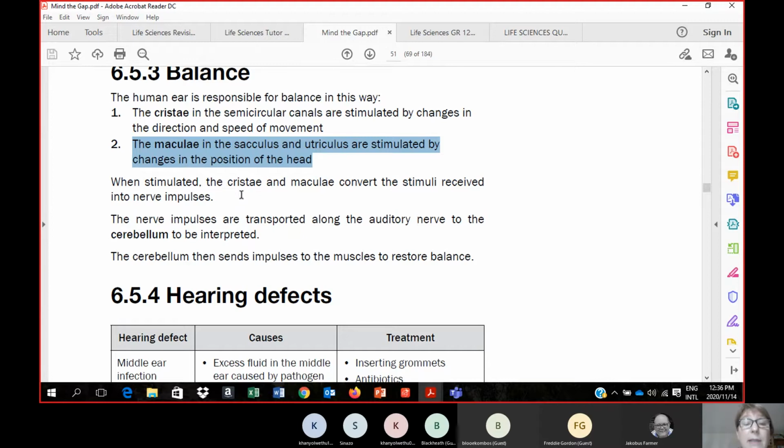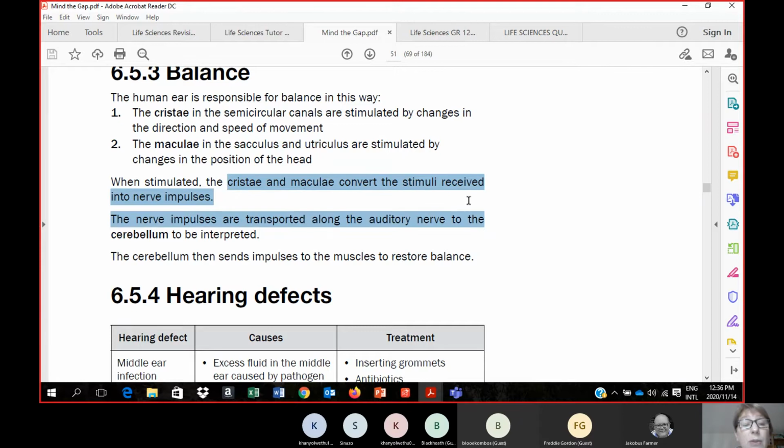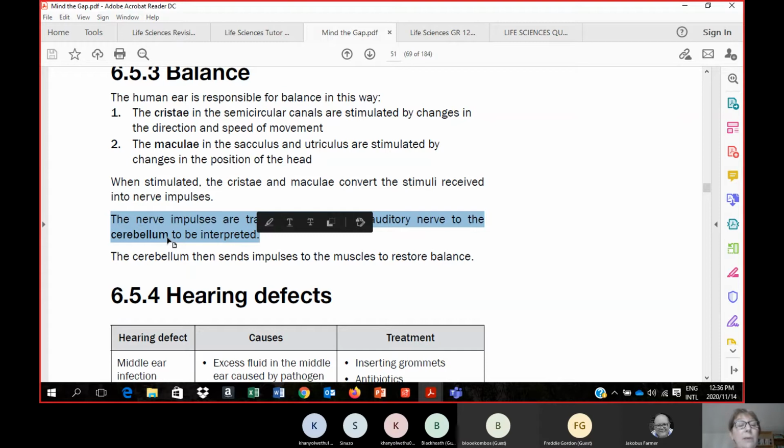So when they are stimulated, these cristae and maculae convert the stimulus into a nerve impulse, and the nerve impulse carries these impulses via the auditory nerve to the cerebellum. Now remember, I said with hearing, the nerve impulse goes to the cerebrum.